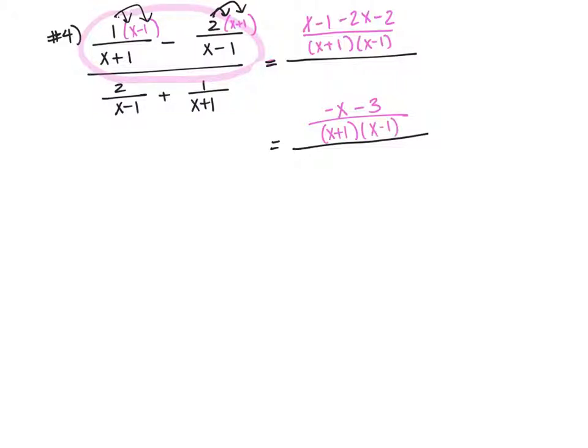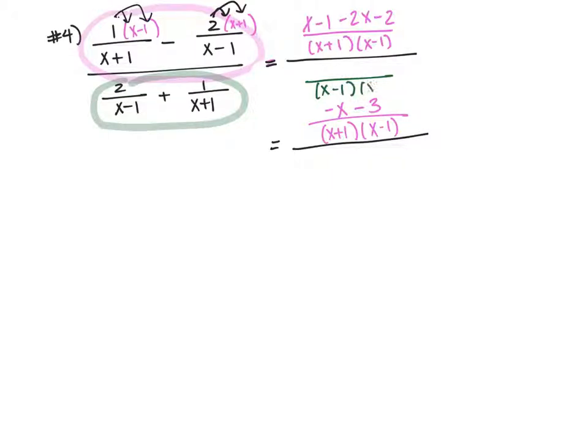Now I'm going to try the denominator here. If I am adding these two, I still need a common denominator. So that's what I'm going to do here. If I want a common denominator with these two, let's pick out the denominators that are already there. So it looks like it's x minus 1 and x plus 1 as my common denominator.